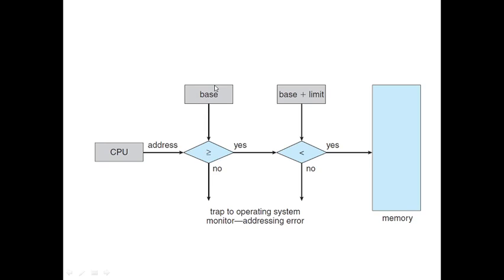So it's first compared with the base register: the address should be greater than or equal to the base address, and then it has to be less than the sum of base and limit. That's how we have seen in the previous slide. Only if it meets both the criteria will it be further sent to the memory, otherwise it will be trapped.